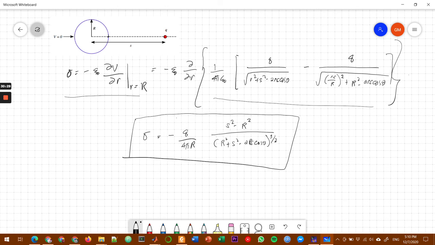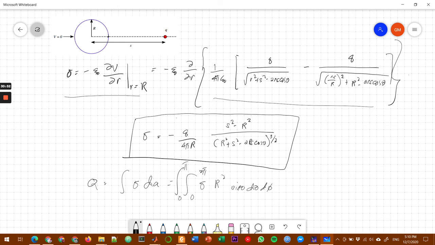And then you can easily get the total charge Q by just integrating sigma dA, where dA is r squared sine theta d theta d phi. Okay, from 0 to 2 pi and then 0 to pi.